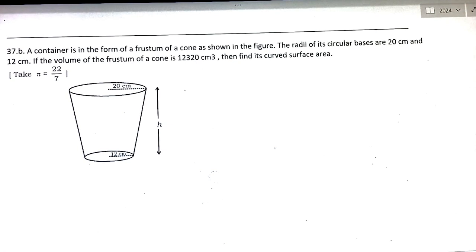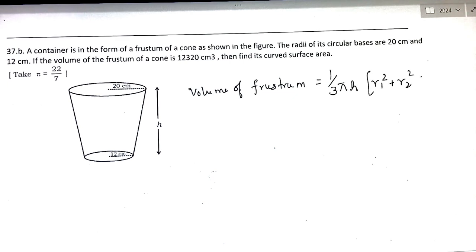Okay, so volume of frustum. What is the formula to find the volume of the frustum? It is nothing but 1 by 3 pi h into r1 square plus r2 square plus r1 into r2.